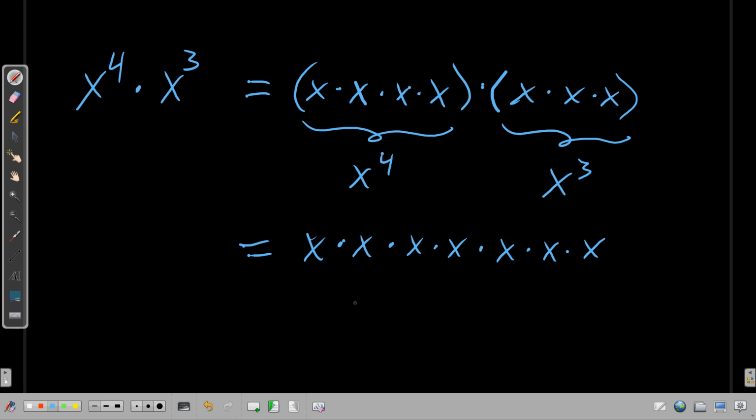And this is the same thing. Well, since we know that the exponent is counting up how many times we are multiplying that base, this would have to be x to the 7th power. But then we look back. We say, oh, we're trying to find a rule. I would like to know if there was a shortcut for me having to do this every time.